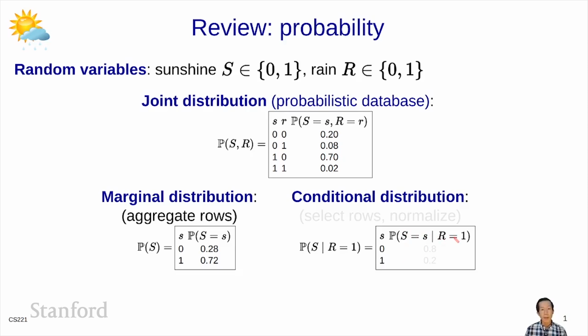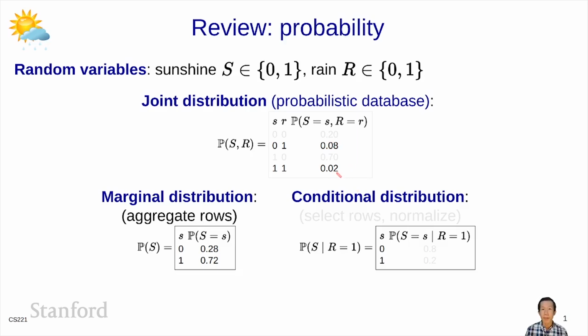The way I approach a conditional distribution is as follows. I have this condition, R equals 1. That means I'm going to effectively remove all the rows where R does not equal 1. So I'm left with these two. And now I'm going to simply normalize this distribution. I have 0.08 and 0.02.